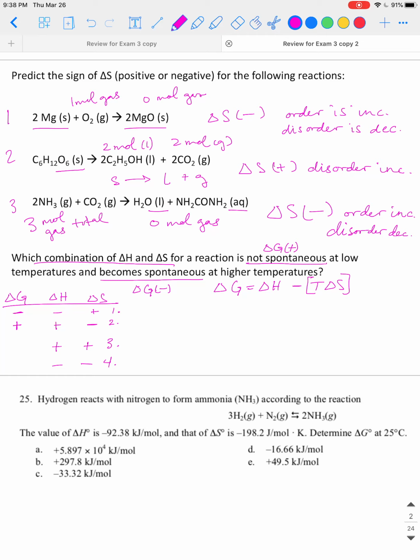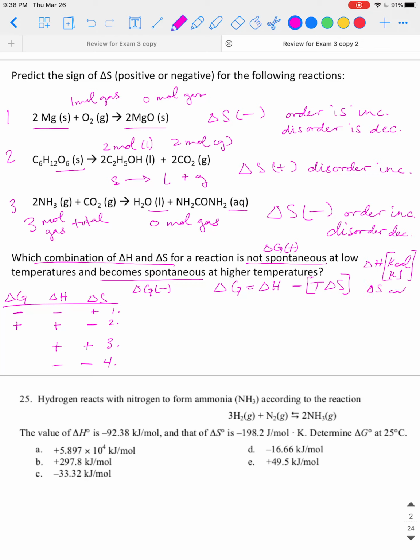How do we know that? Delta H is measured in units of kcal or kJ, kilojoules. These are the units for delta H. And delta S is usually measured in calories or joules, which are way smaller by 1,000. So we usually have larger values of delta H, smaller values of delta S.